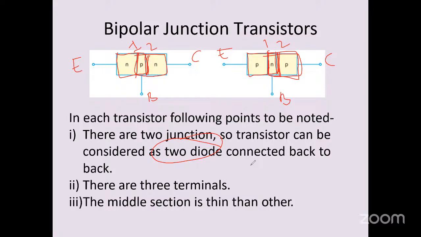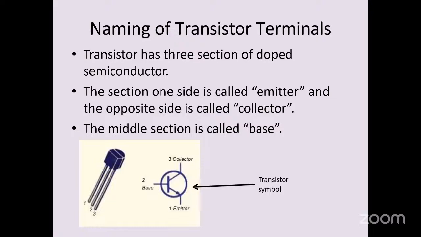So how many layers are there? There are three terminals. The middle section is very thin compared to the other ones. How is the naming of the transistor terminals given here? The transistor has three sections of doped semiconductor.